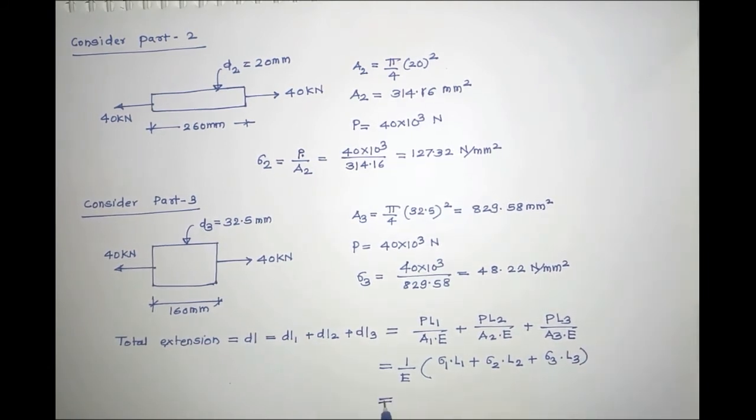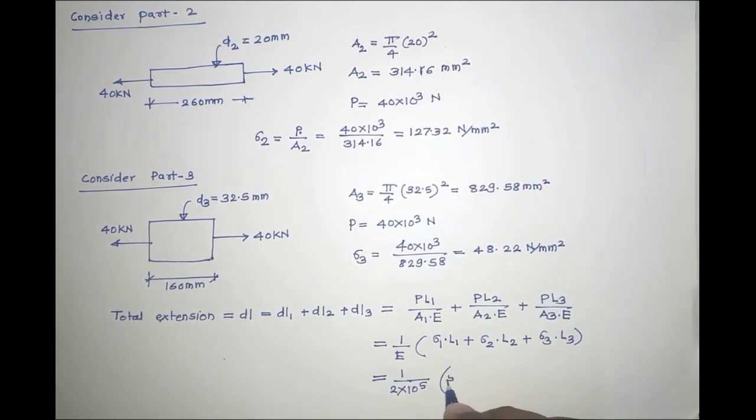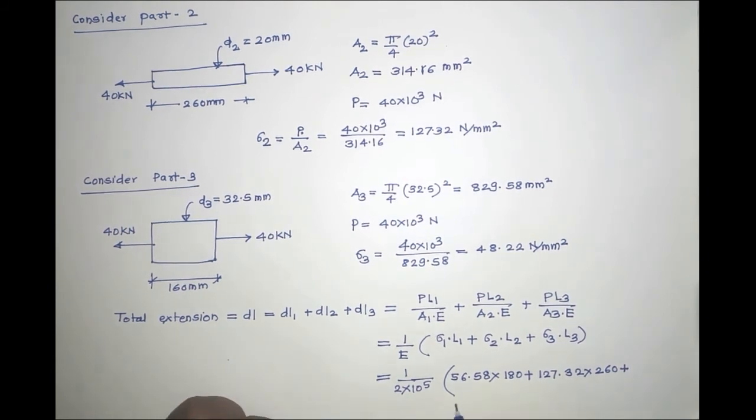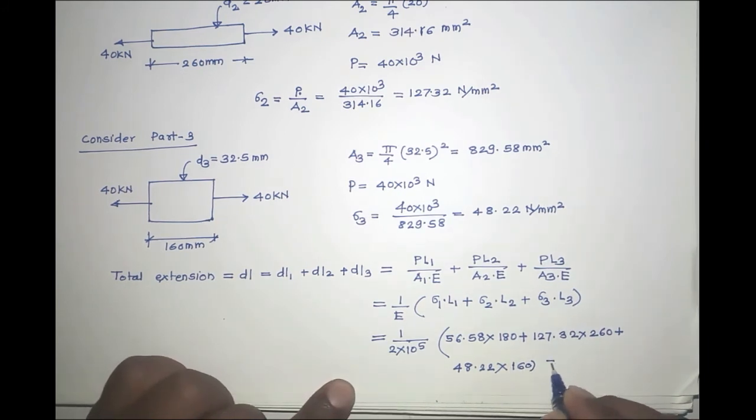Now we will substitute the individual values. 1 divided by 2 into 10 to the power 5, into bracket: the first stress value, 56.58, multiplied by the length 180, plus the second stress value, 127.32, multiplied by the length 260, plus the third stress value, 48.22, multiplied by the length 160.